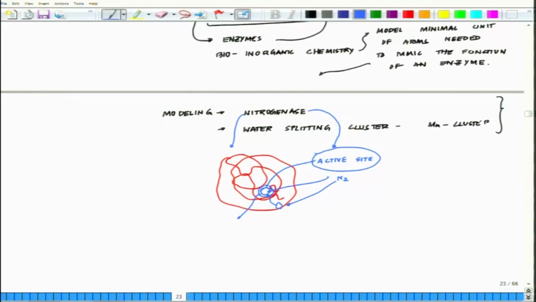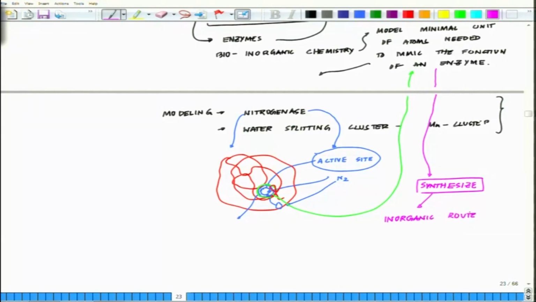What people are trying to do for a while, say for example, they wanted to understand this structure in atomic resolution. Once they understand this structure in atomic resolution, they wanted to synthesize this structure outside the system, not by biological route, but by a simple inorganic route.